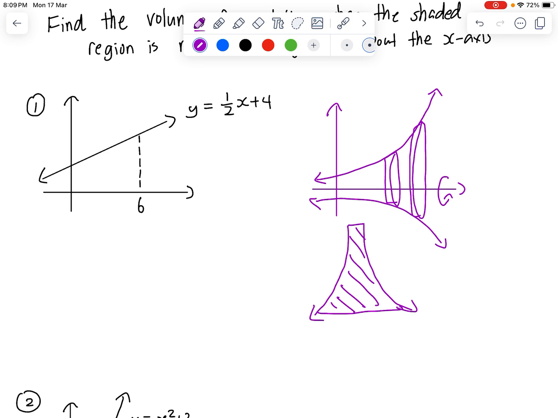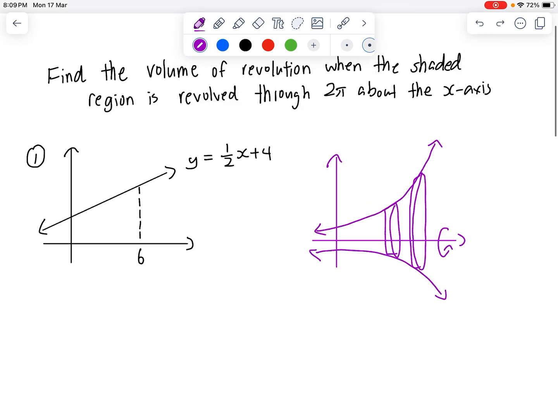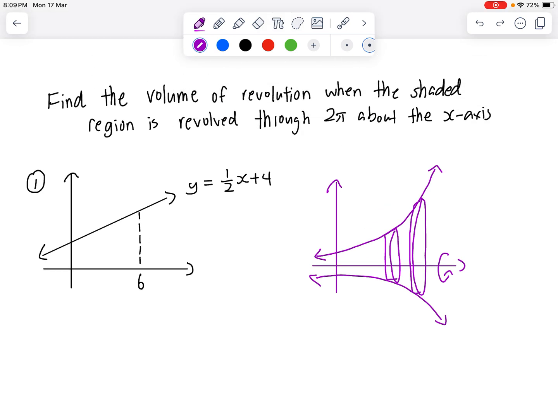For example, you put water inside. So when I say revolve around the x-axis, it reflects across the x-axis, and if you look at it in a three-dimensional way, it will be formed like a cone-like shape. So that's the basic idea of the volume of revolution.